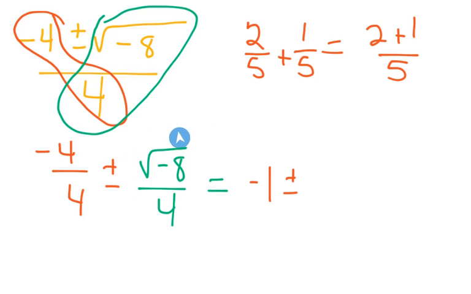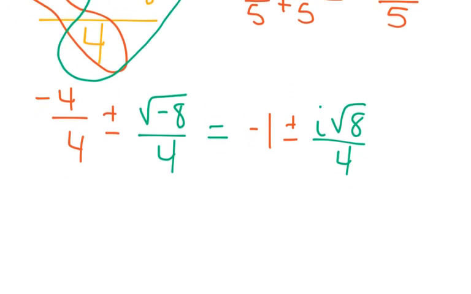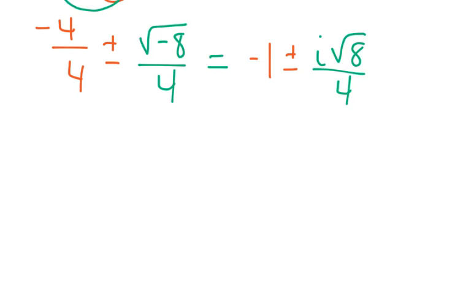So the first thing we can do is pull out that negative right away. So we have i root 8 all over 4, and we know that the square root of 8 can be reduced because its factors are 4 and 2. Here's our perfect square that we can pull out.